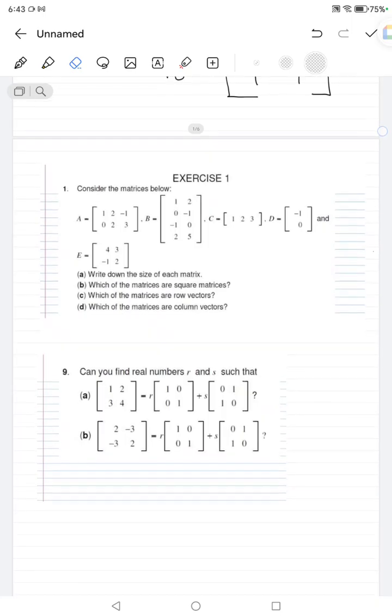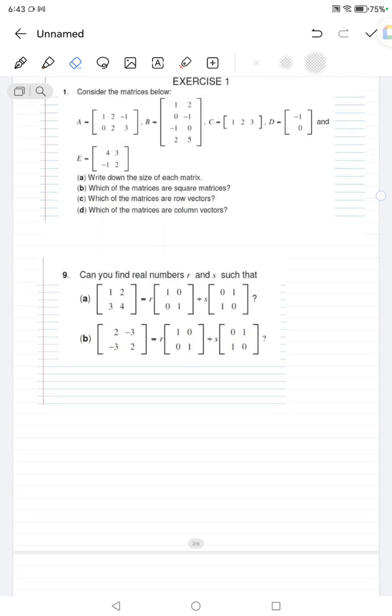Okay, we've discussed this so far. We've discussed the matrices and their sizes. Let me write them down here so that you remember.